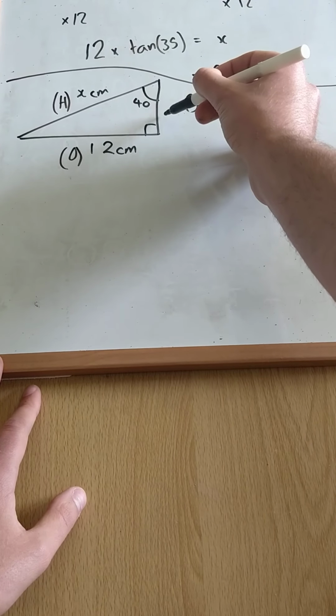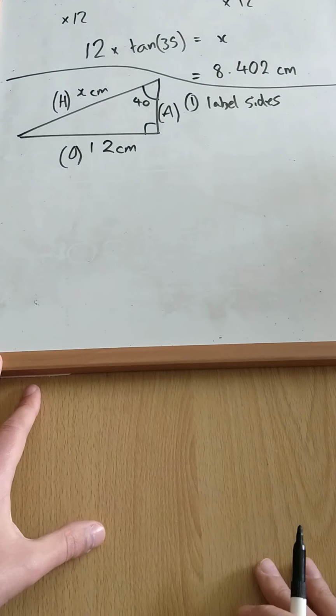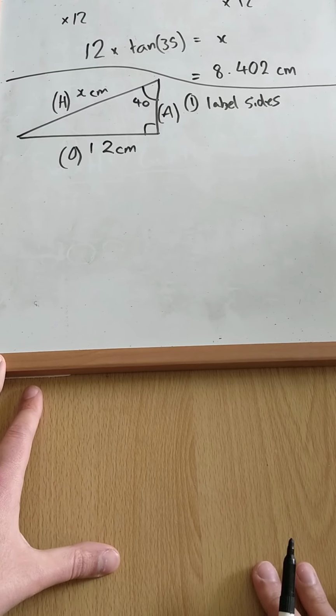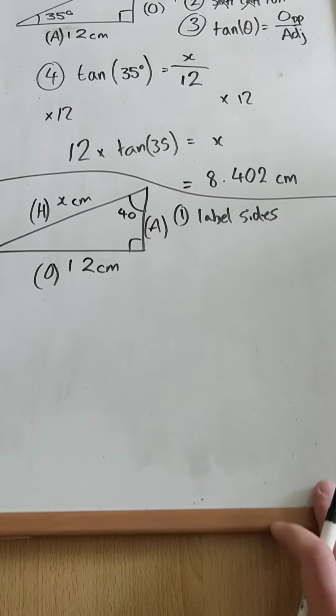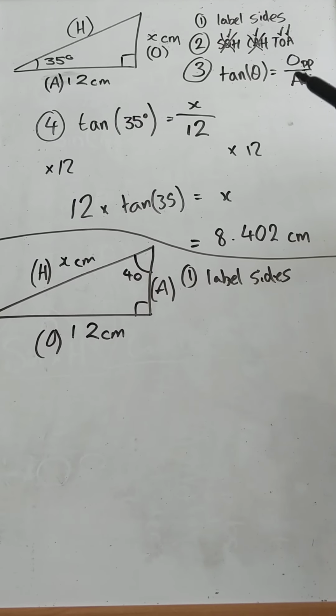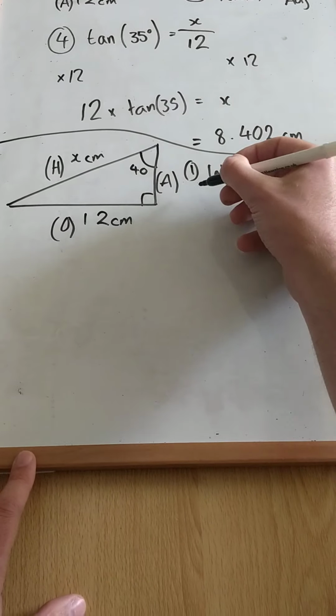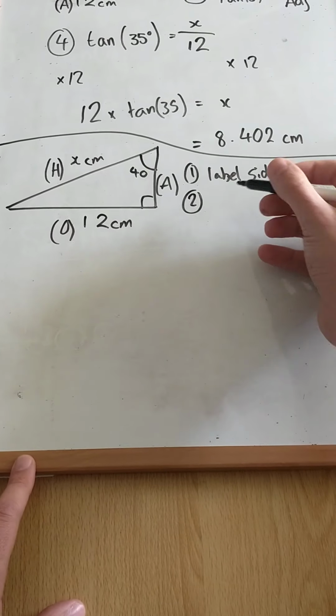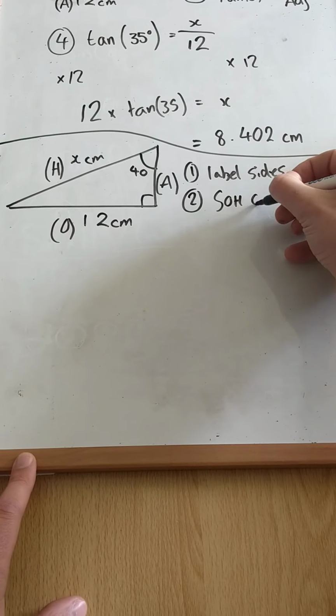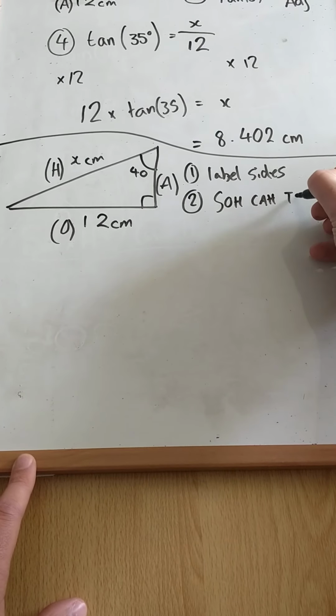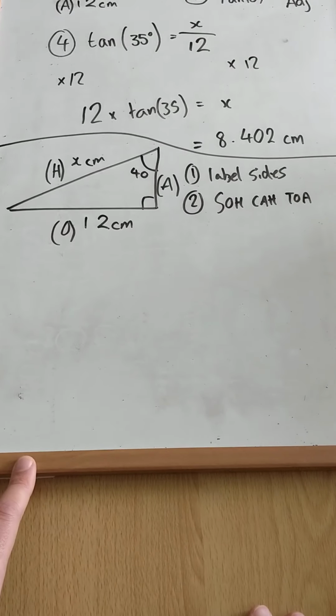And this one next to it would be the adjacent. From my first example, the second step was to find out which ratio we need to use. So step number 2, you go SOH CAH TOA again.